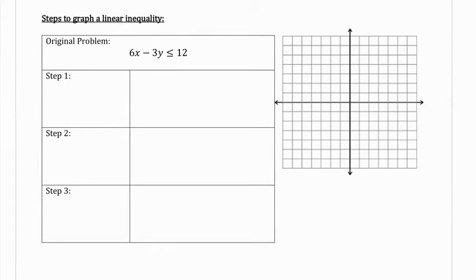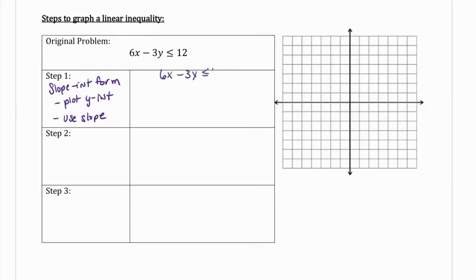Step number 1, just like before when we graphed any line, we're going to put it in slope-intercept form, and then graph like normal. So plot the y-intercept and then use slope, right?